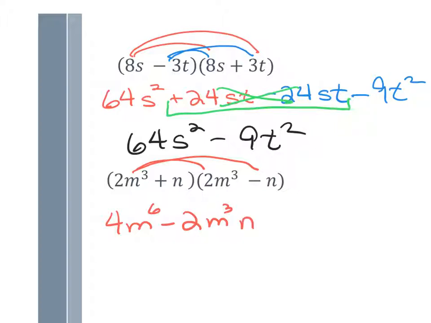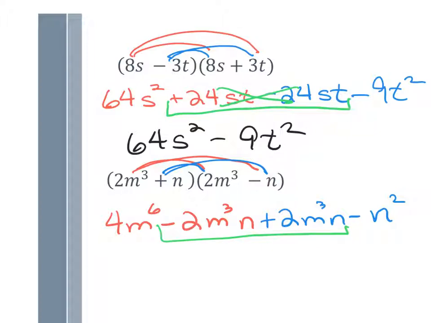And again, I'm writing it in alphabetical order, just so I can see my like terms a little bit easier. And then I'm also going to distribute the n to the 2m to the 3rd, giving me positive 2m to the 3rd n. And then lastly, n times negative n gives me negative n squared. Again, my middle terms, notice they are opposites, so they cancel. Final answer, 4m to the 6th minus n squared.